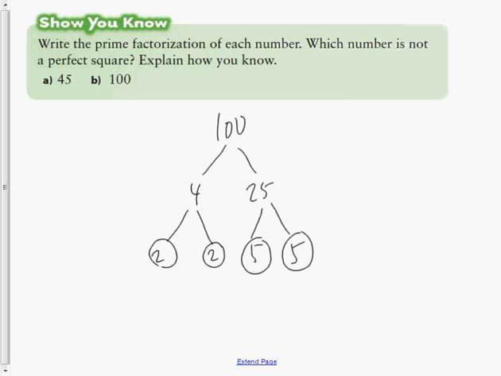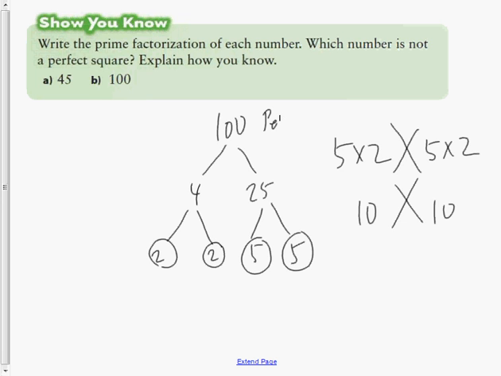I could say 2 times 2 times 5 times 5. Or if I wanted, I could rearrange them into 5 times 2 times 5 times 2, which means I could rethink this as being 10 times 10. And since I can re-envision the number 100 as being a number multiplied by itself, it means that this is a perfect square. And it also means that the square root of 100 is 10.